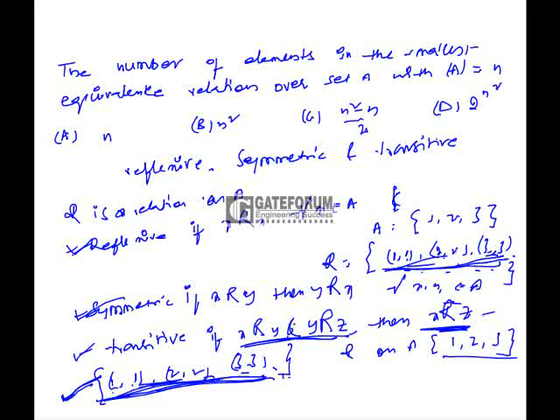So the smallest equivalence relation on a set with n elements has n elements, and those are the elements needed for the relation to be reflexive. So the correct option is option A.